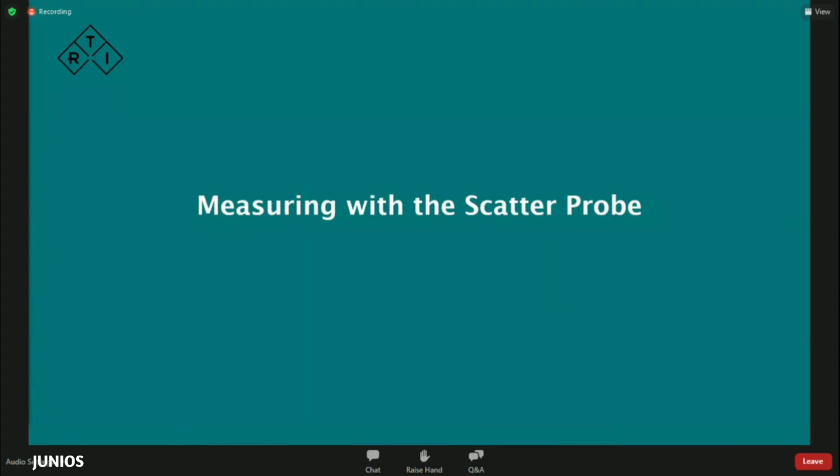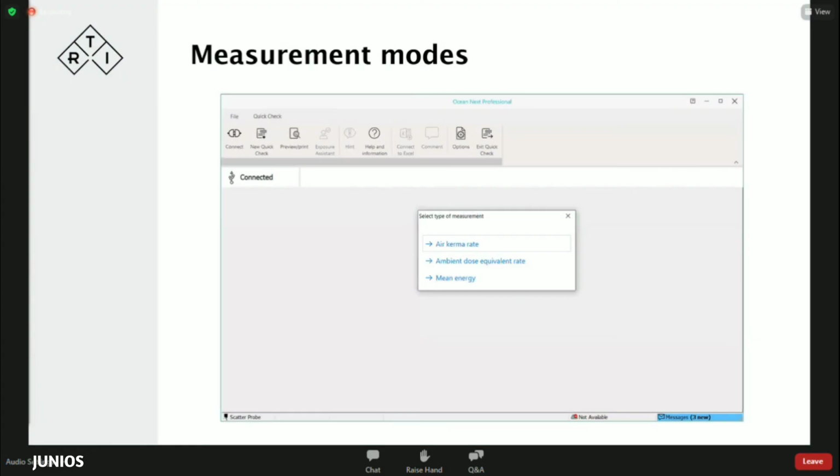It is a Windows-based software, and it is your interface that will guide you and prompt you for action when a selection is needed. Before you start with your measurement, at least two decisions need to be made. The first choice is: are you going to measure air kerma rate, or ambient dose equivalent rate, or mean energy?